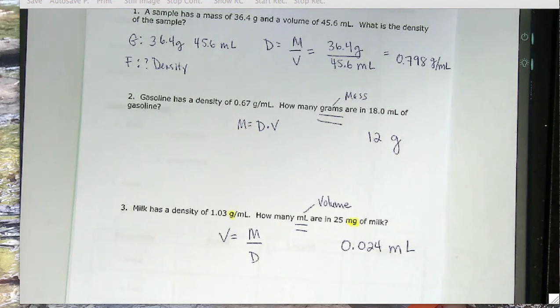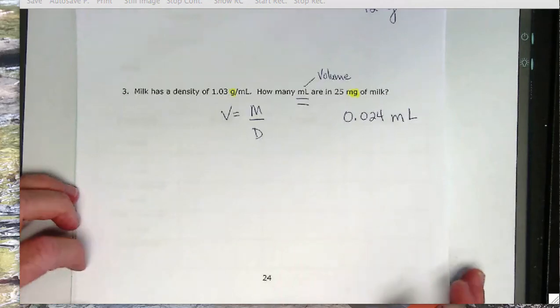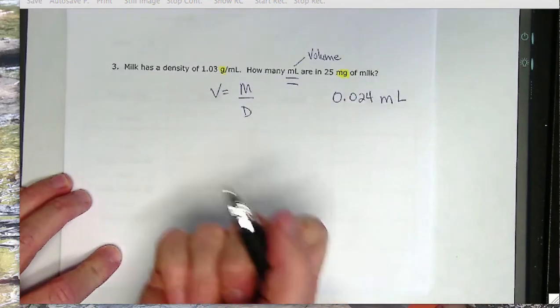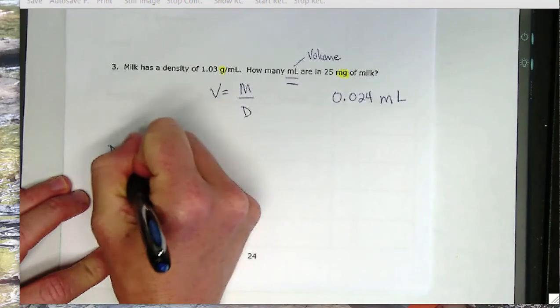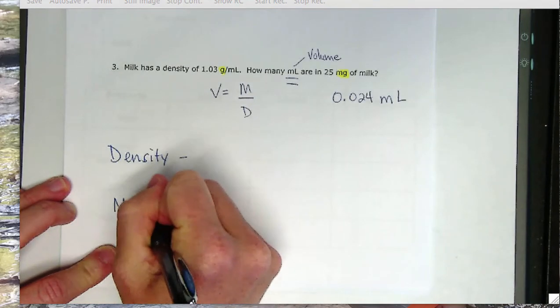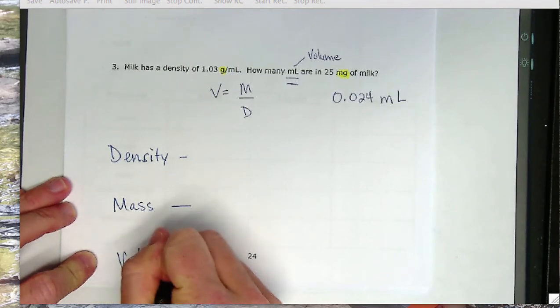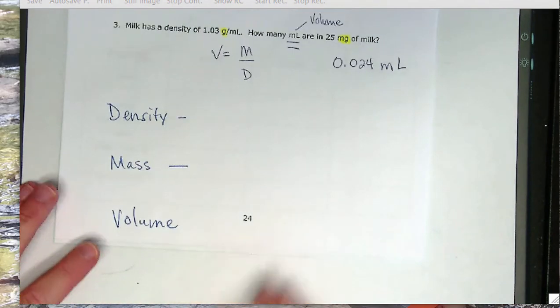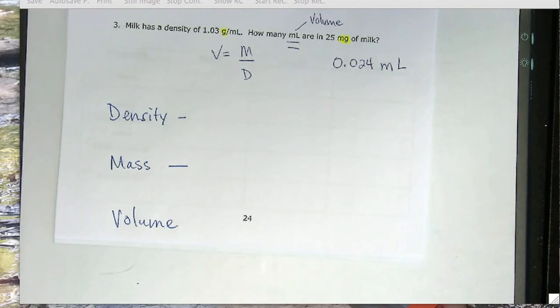I kind of have a problem distinguishing which one is which, like if it's mass. Oh, I see what you're saying. I think that's a common problem. So we have density, mass, and volume. The units are going to be what tells you which is which.